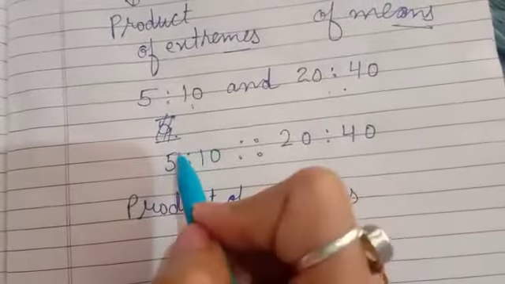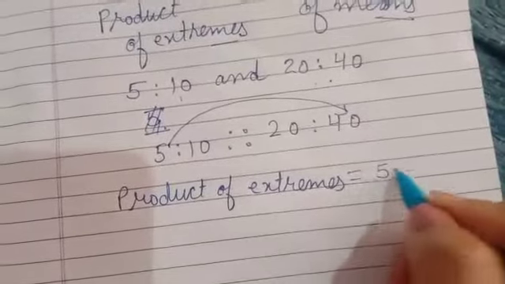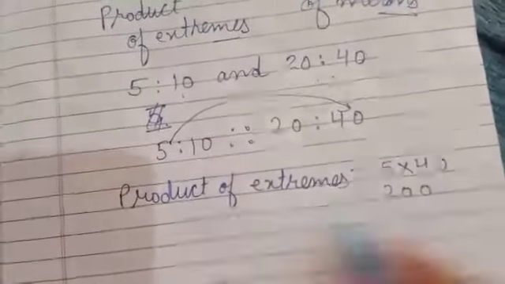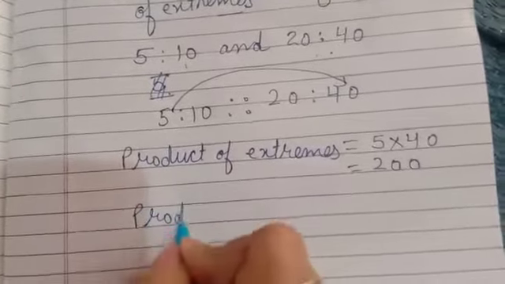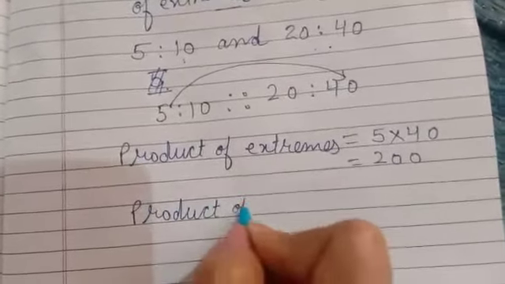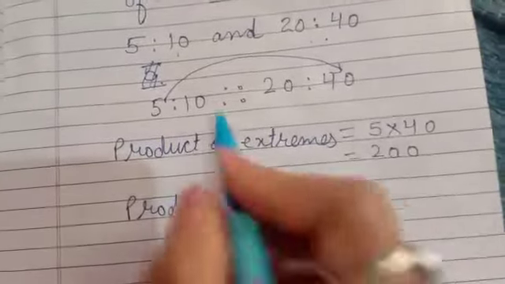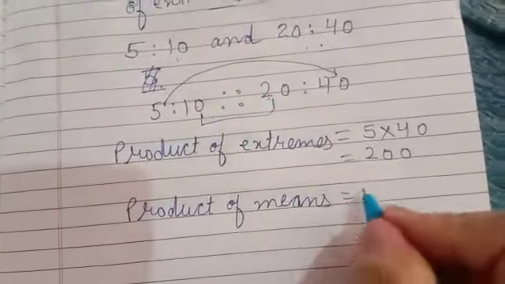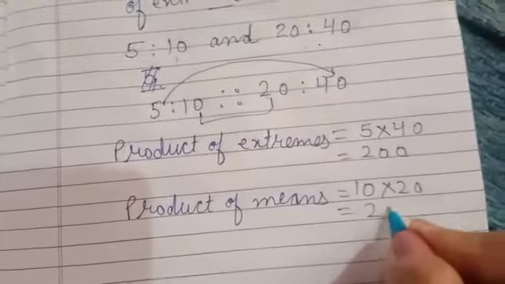How to find? Multiply first and fourth term. 5 into 40, it becomes 200, right? And then product of means, multiply middle two terms, 10 into 20, what does it become? It becomes 200.